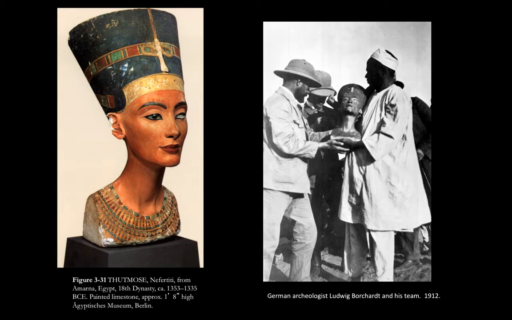It's carved of limestone and was brightly painted, and this bust was found by a German archaeologist, this guy here, Ludwig Borchardt. He uncovered most of the artwork of the Amarna period and took it immediately back to Berlin from Egypt. This is still contested today. Egyptians claim it as a theft, and I would argue that yes, he absolutely did steal the artwork. I encourage you to look into the history, it's fascinating.